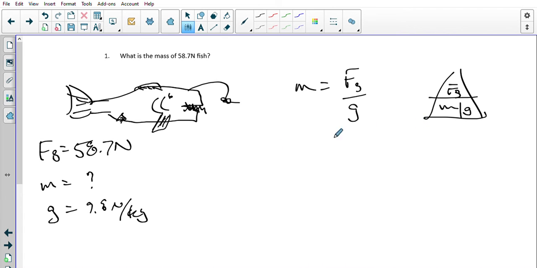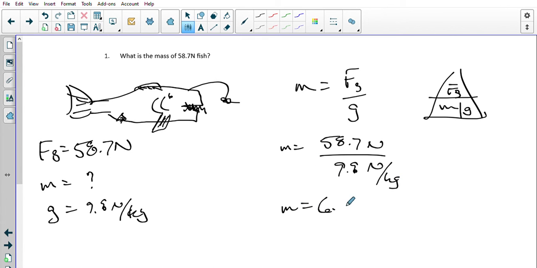There we go. So our mass is equal to 58.7 newtons divided by 9.8 newtons per kilogram. Using my Casio FX260 Solar, we get m is equal to 6.0 kilograms. There we go. Easy peasy.